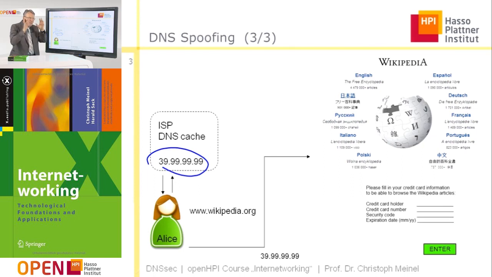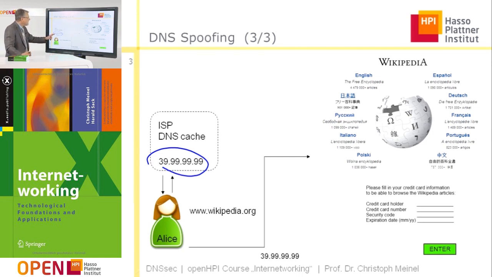And if Alice is not very careful, she reaches this page, it looks like Wikipedia, and you remember Wikipedia asks for some donation. So a naive user starts to give in personal data here. But of course, this personal data is not sent to Wikipedia. This data is sent to Mallory, to the attacker.